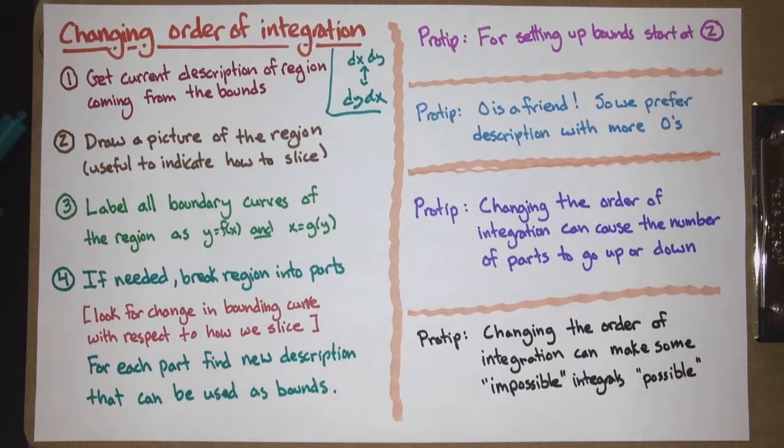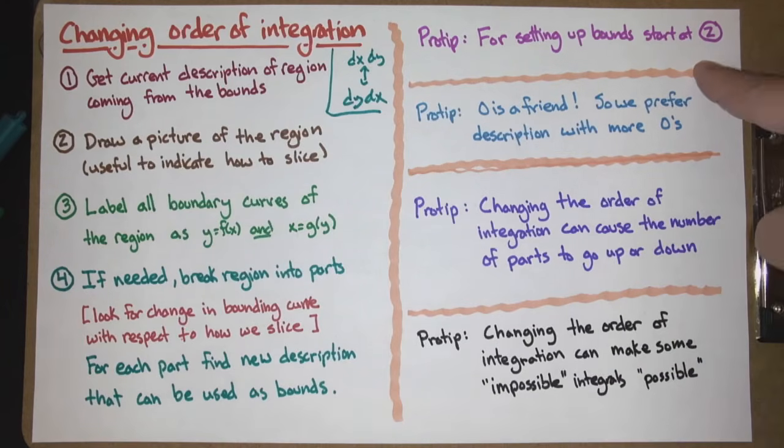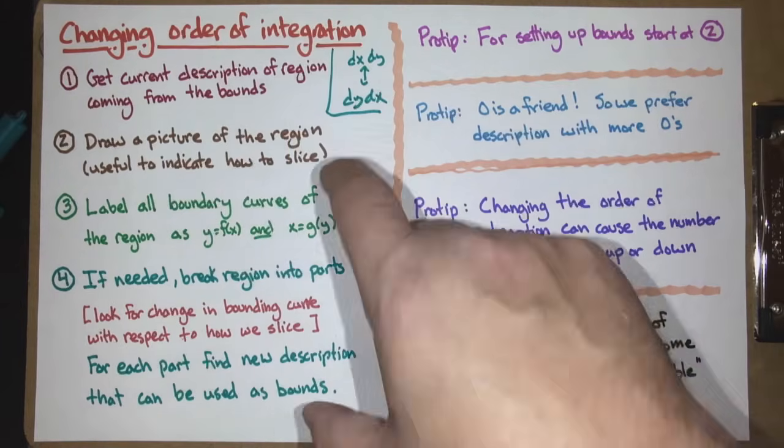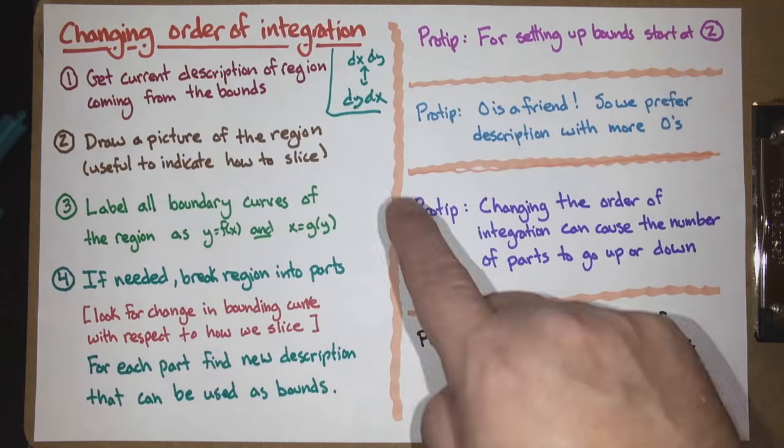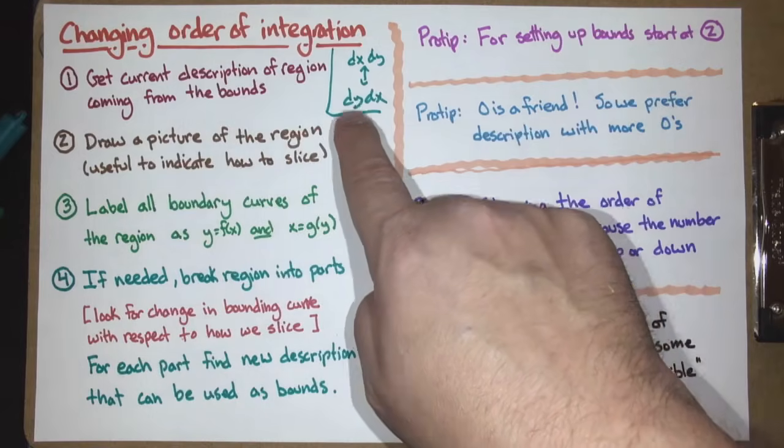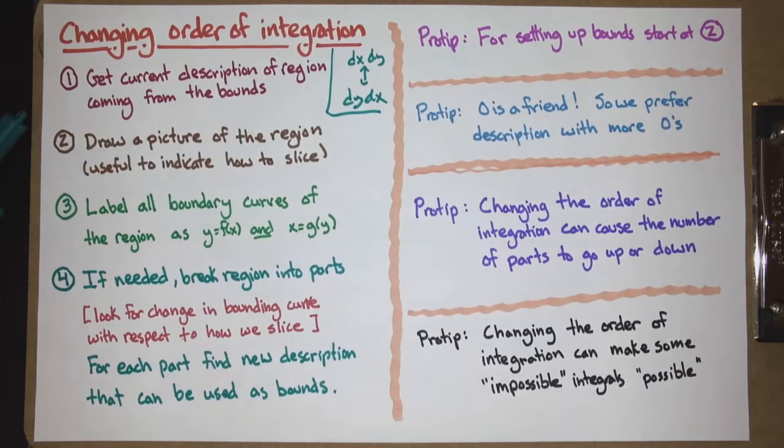Some comments. Sometimes you don't need to change the order of integration. Sometimes you just need to set up an integration. So just start at step 2. And always before you set up an integral problem, ask yourself the question, which thing would I like to integrate with respect to first? Sometimes it doesn't matter, but sometimes, like in our warm-up problem, it can matter a lot.